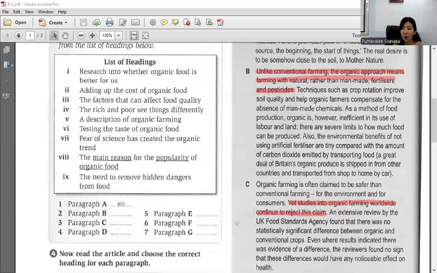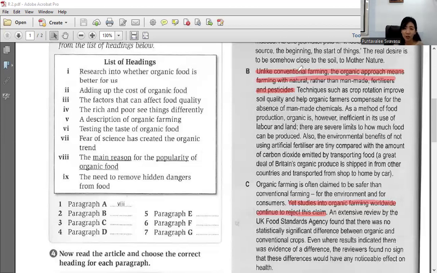Then you will see the supporting details: the techniques they use, like crop rotation, not chemicals. They talk about what it does and does not do, that it's actually inefficient, and they also say the benefits of it. So they try to explain what farming with natural means. This is the main idea.